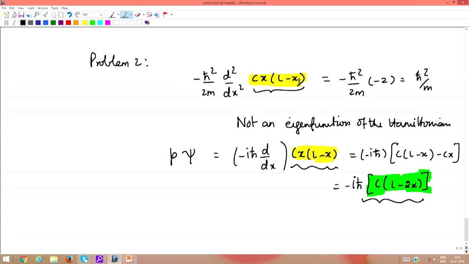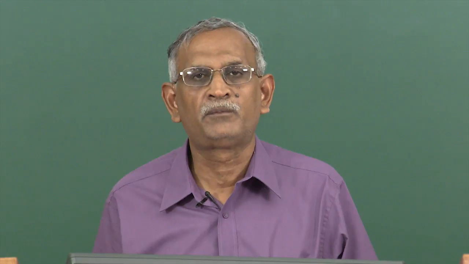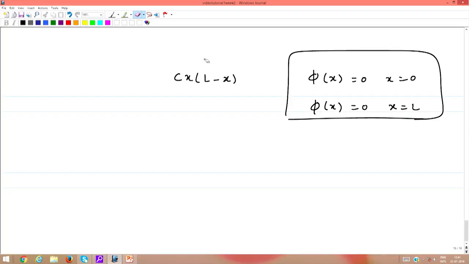So, the function given, C x into L minus x, is not entirely arbitrary, because it also satisfies the boundary conditions that you require, namely phi of x is 0 at x equal to 0, and phi of x is 0 at x equal to L. The boundary conditions cannot be violated by any of the arbitrary functions, because if they are violated, then they are not even solutions of that particular problem.